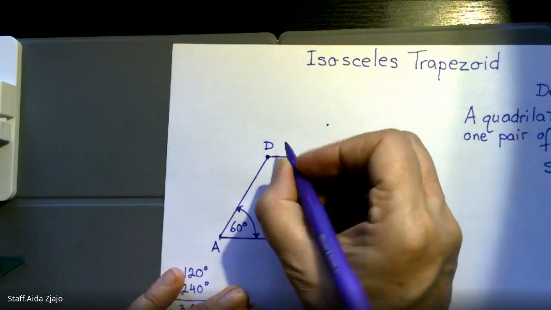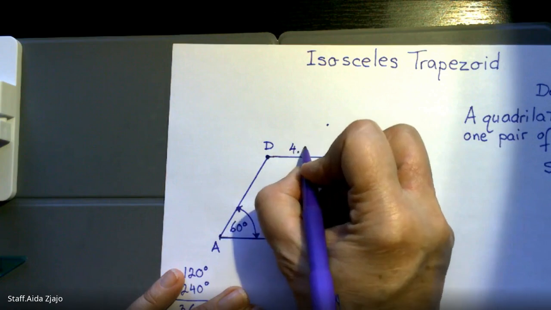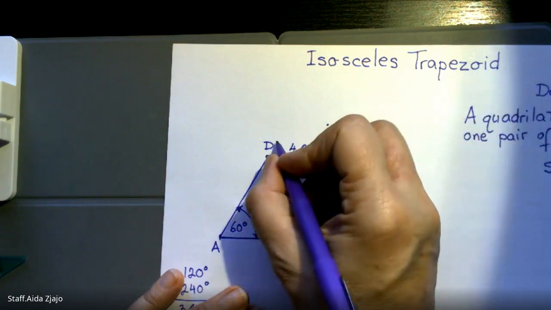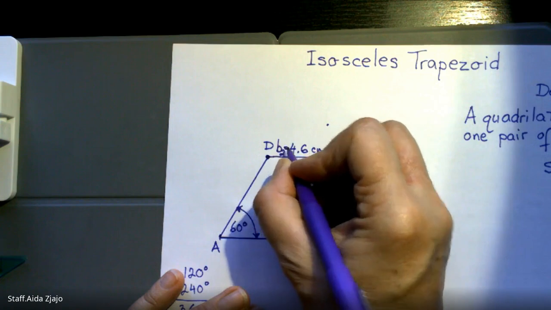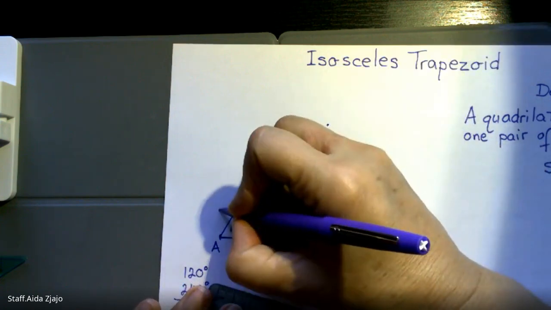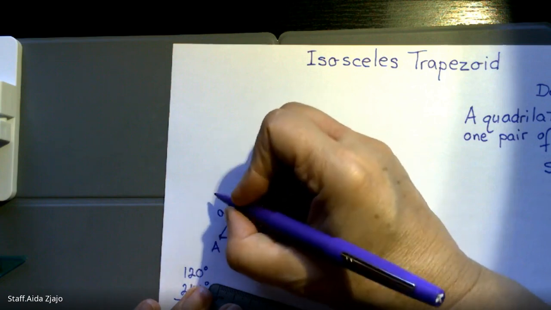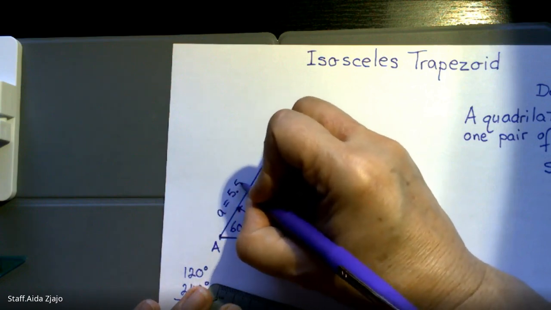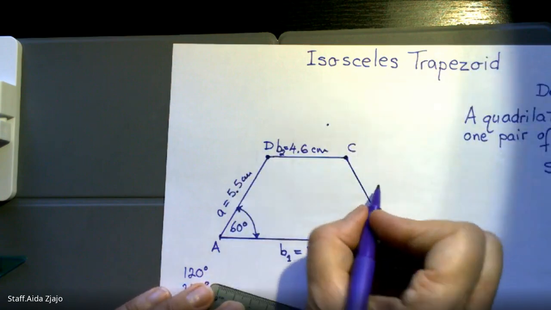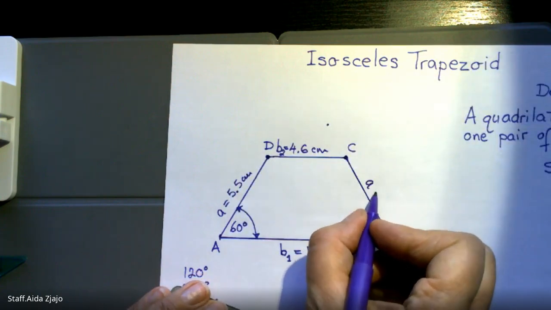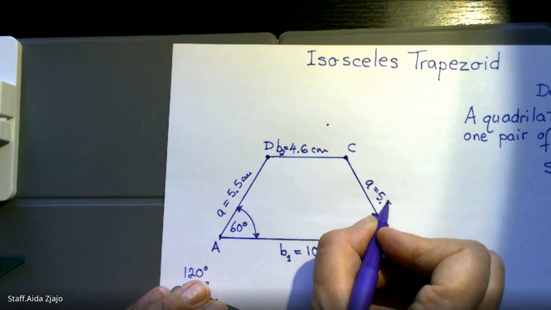Okay. 4.6 centimeters, and that is base 2. And the leg 1 we can call A. A is equal to 5.5 centimeters. And this is also A because they're the same. 5.5 centimeters.